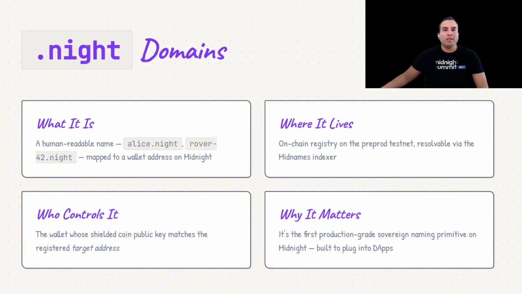I will define that more precisely in a moment. But conceptually, it's whoever can sign with the key the domain points to. Why does it matter? It's the first production-grade sovereign naming primitive on Midnight, built from day one to plug into apps. The Midnames team shipped a TypeScript SDK, so using it is as simple as an npm install.